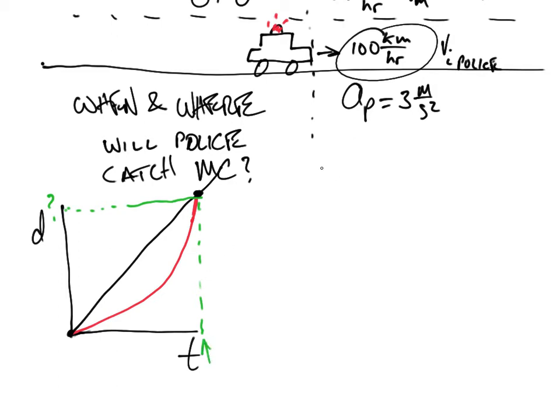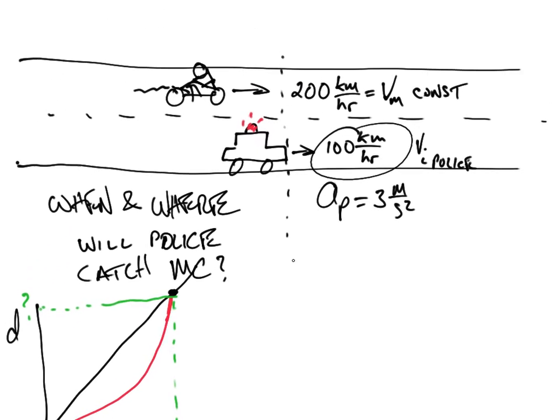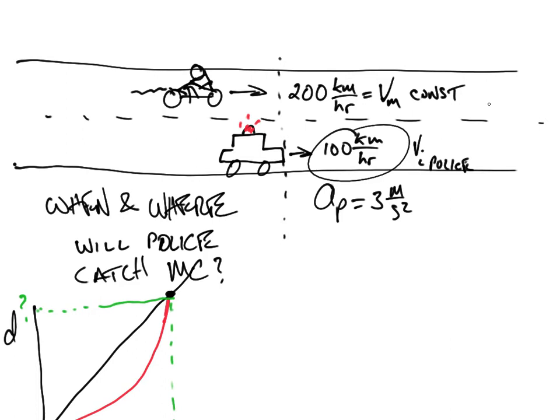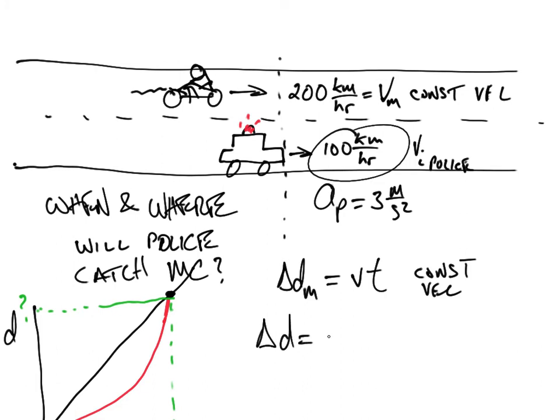Now the way we're going to do this is we're going to identify the two types of motion. The motorcycle, as you can see here, is traveling with a constant velocity. Therefore, delta D of the motorcycle is equal to Vt. That's the constant velocity equation. However, the delta D of the police car is not constant. They are accelerating.